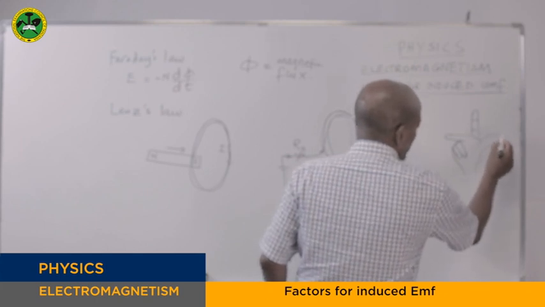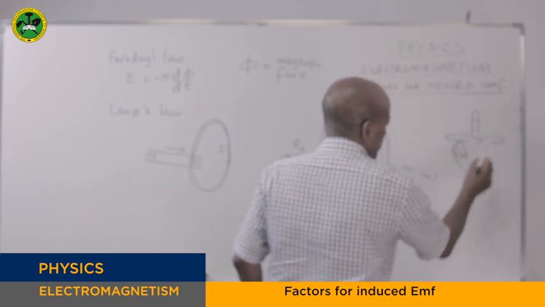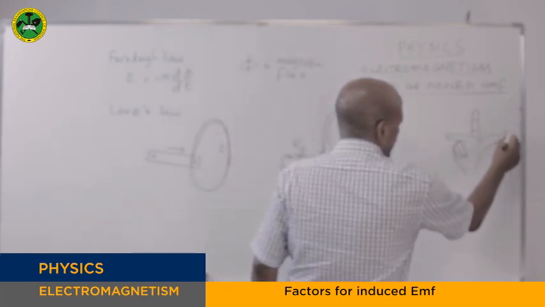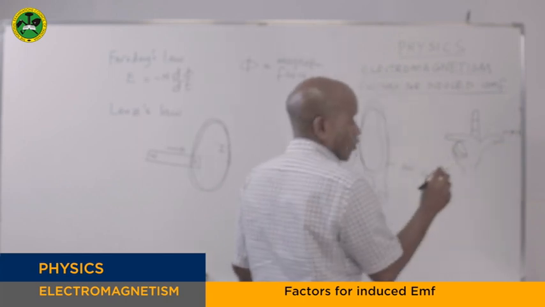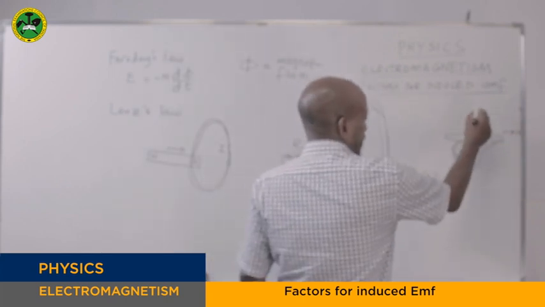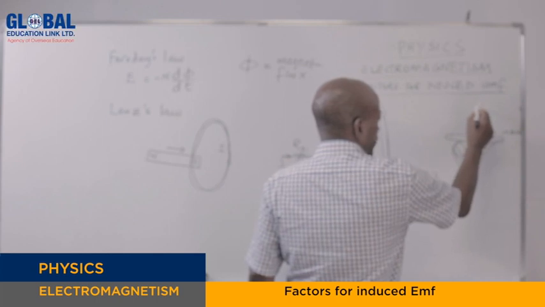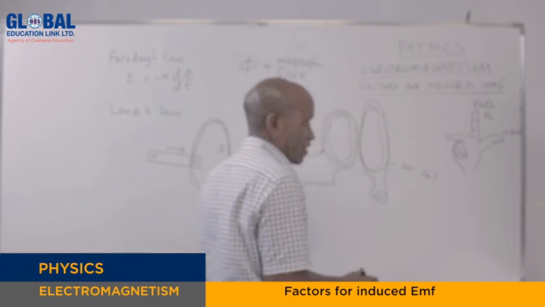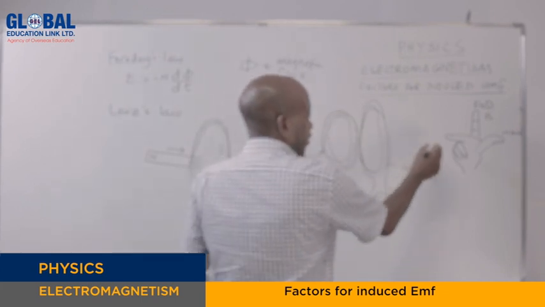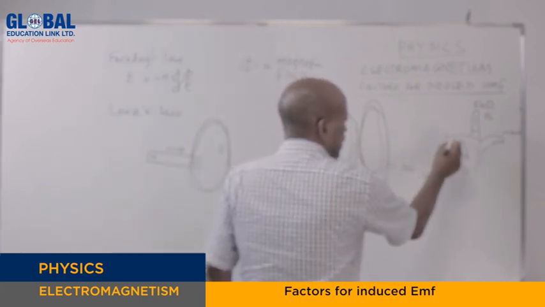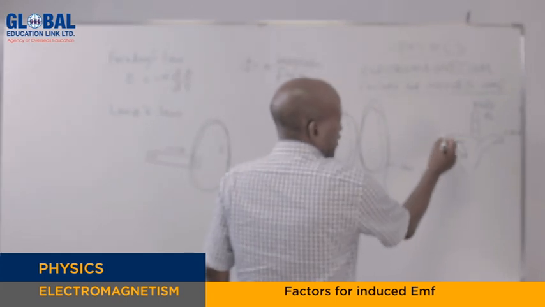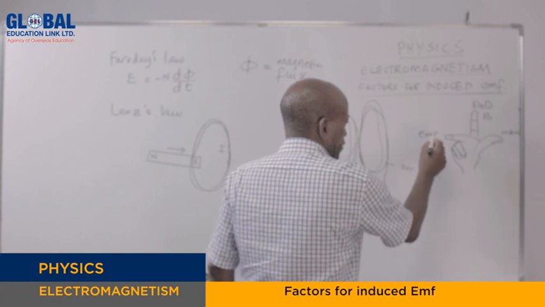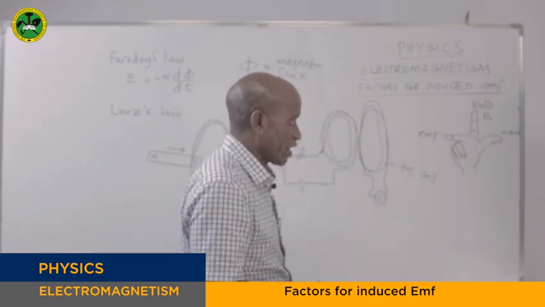If I take this to be the thumb, and this thumb is pointed in the direction of the motion of that conductor, and the first finger is pointed in the direction of the field, meaning the magnetic flux, then the direction of the induced EMF will be pointed in the direction of the second finger. So this will be the direction of the induced EMF in that particular conductor.